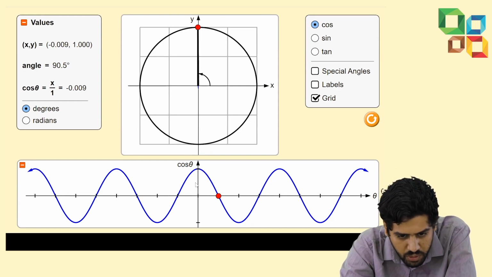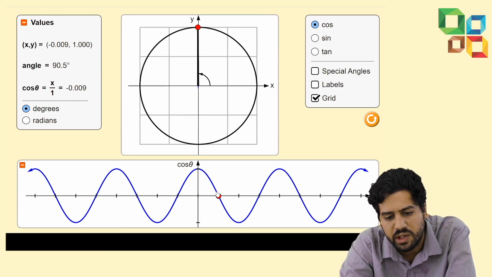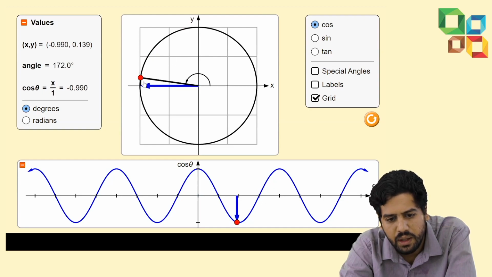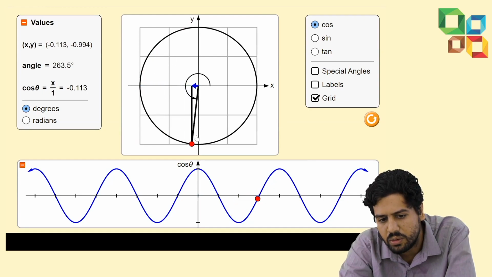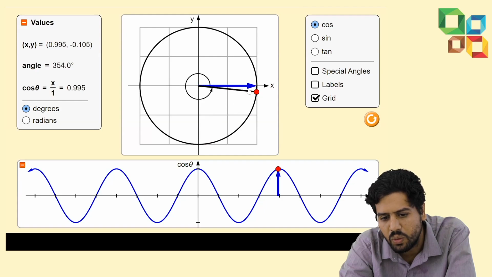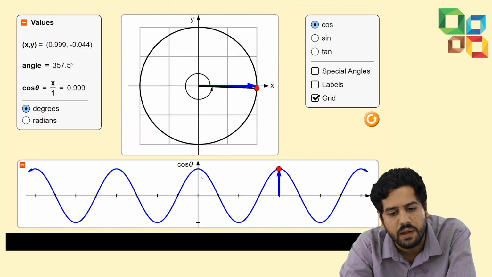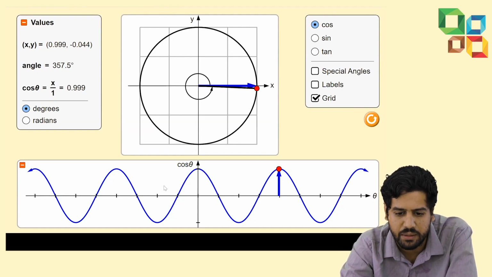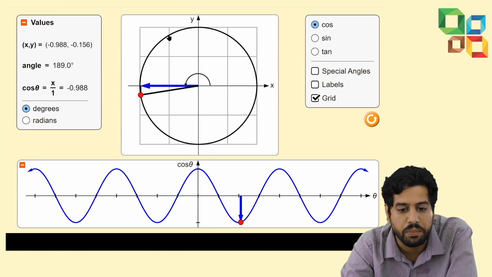So from 1, its value has reduced to 0. Then it will go to -1. Then again it will go to 0, then it will go to 1, back to where it was. So this part of the graph repeats again and again. That is the period. So the period is 2 pi.